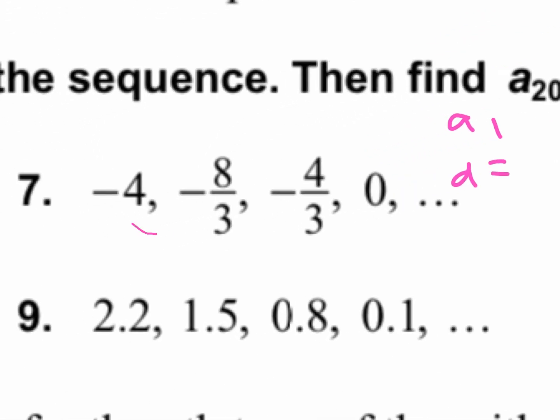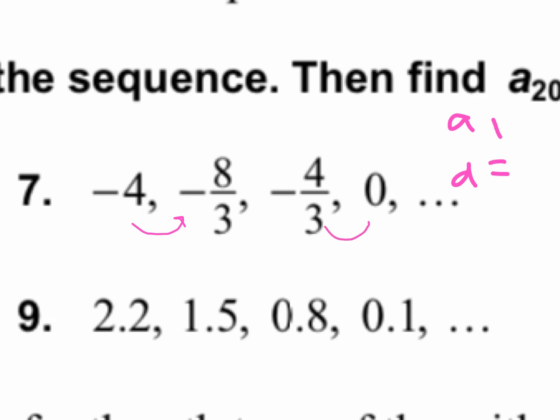What are we doing to get from one term to the next? Adding by 10. For 7, dividing by 3. Arithmetic. So we're adding or subtracting.